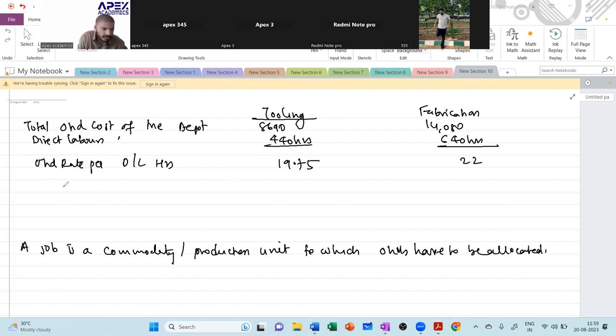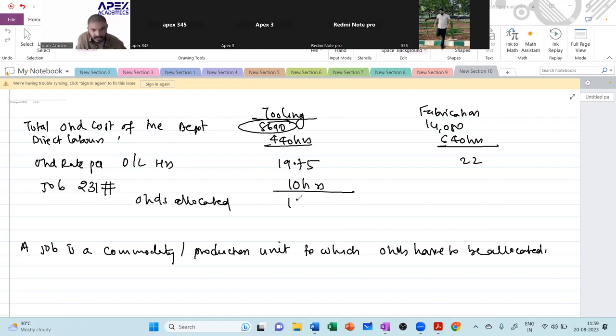Now, this job number 231, this order that they got, how many hours did this job work? It worked 10 hours in the tooling department. So what are the overheads allocated to it? Out of this 8690, 197.5 has been allocated to job number 231.